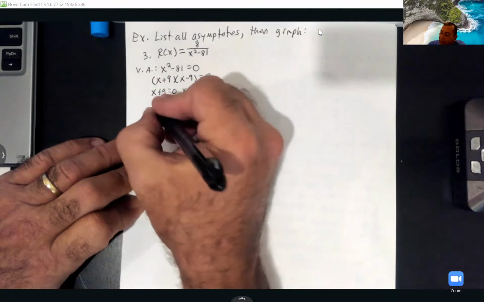So the bottom degree is greater than the top degree. So on those 3 cases, when the bottom was higher than the top, we said that the horizontal asymptote would be y equals 0. And remember, put that in as an equation.